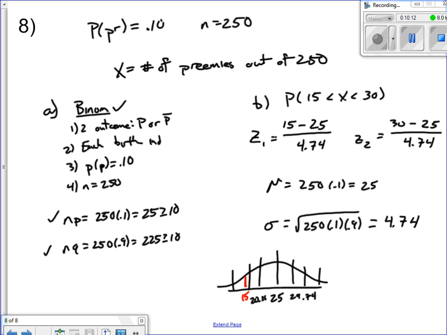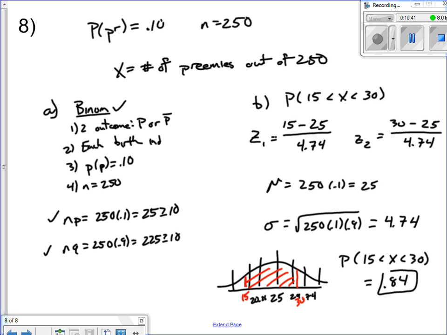So here's 15. 30 is just above that. So there's 30. So we're looking for the probability that we are between 15 and 30. We can go to our normal CDF now. Lower bound 15, upper bound 30. That probability should be 0.84. Most of that data is between 15 and 30.